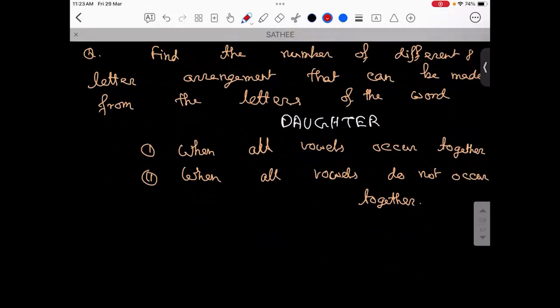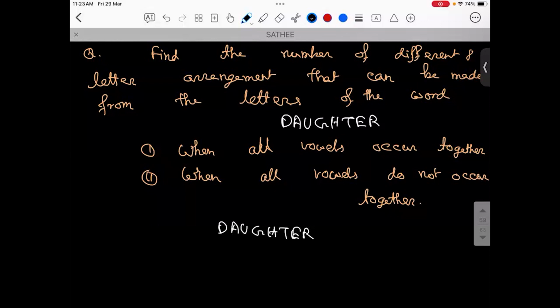Okay. So how many vowels first? Identify how many vowels it has. Let us write this word daughter again: D, A, U, G, H, T, E, R. And we need to find all possible permutations where the vowels are appearing together. Why together means that there will be no gap.